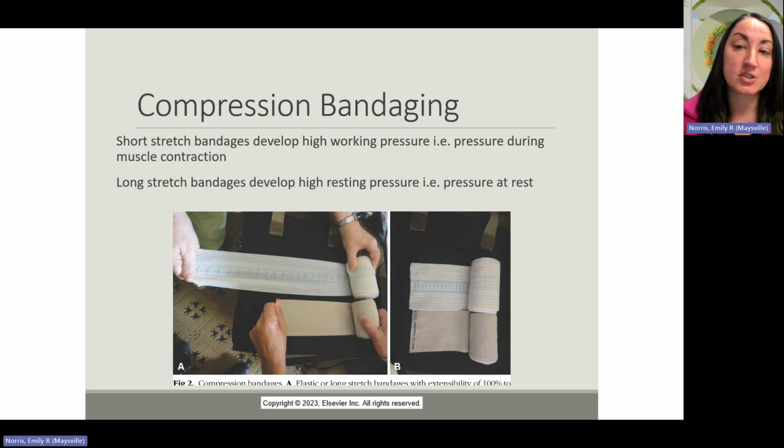The long stretch bandages or high stretch bandages have a high resting pressure, so you don't have to move to stimulate the increase in the venous return. There's increased pressure at rest, and so it's already giving enough compression at rest to increase that circulation and decrease that edema.